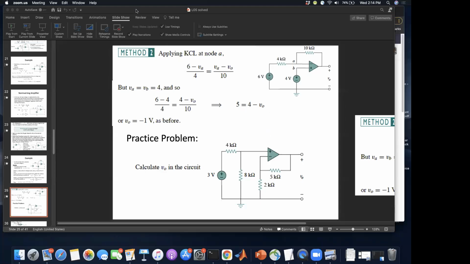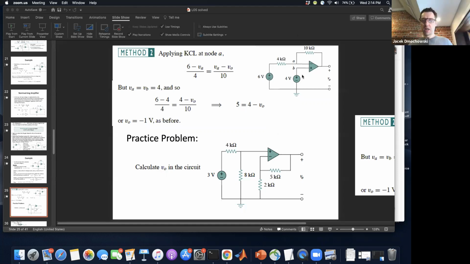Like this question, not the top one. The top one, I would call that neither, because you have two inputs.